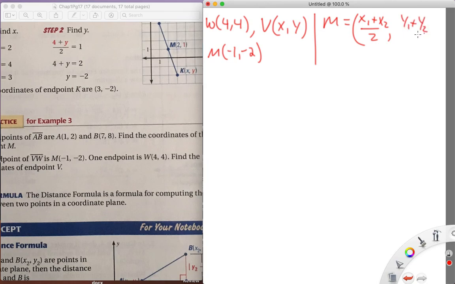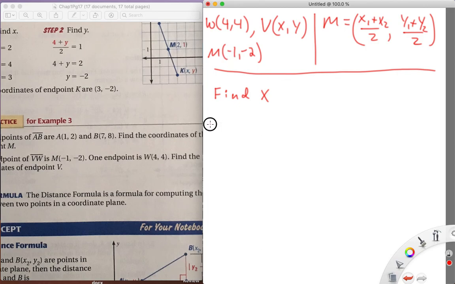So here's where the difference arises. Since we're given a midpoint and an endpoint, we have to find this individual coordinate separately. So we can start off by trying to find the x coordinate first. So we know that the midpoint coordinate of x is -1.